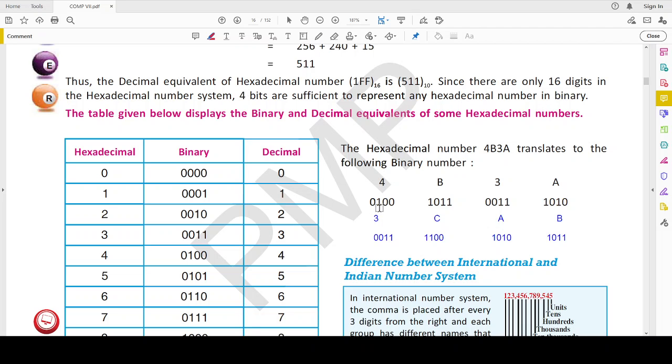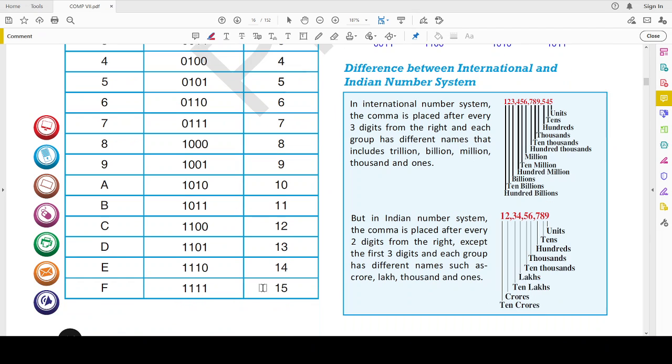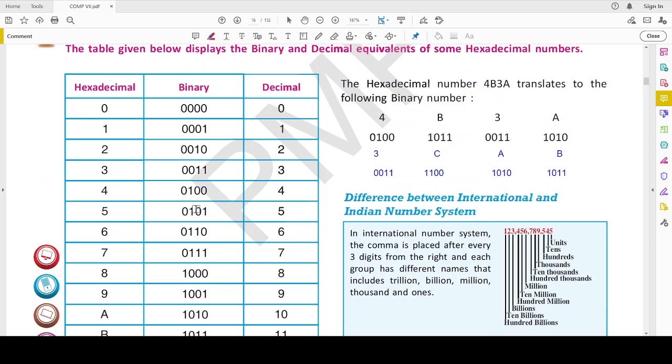4 is 0100, B is 1011, right? 3 is 0011, A is 1010.